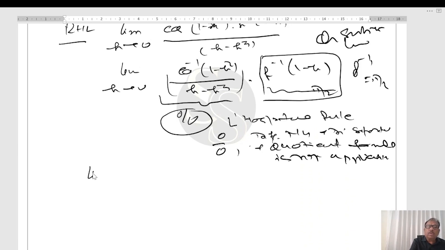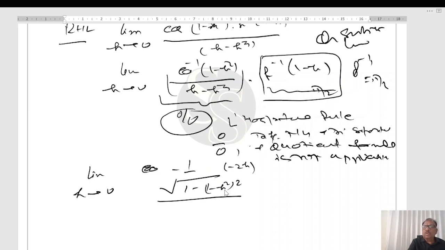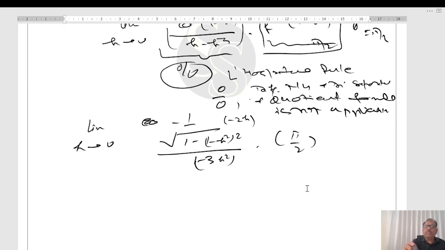This becomes limit h tends to 0, the differentiation of cos inverse, minus 1 over under root of 1 minus (1 minus h square) the whole square, into minus 2h upon 1 minus 3h square, into pi by 2. Now simplify it.